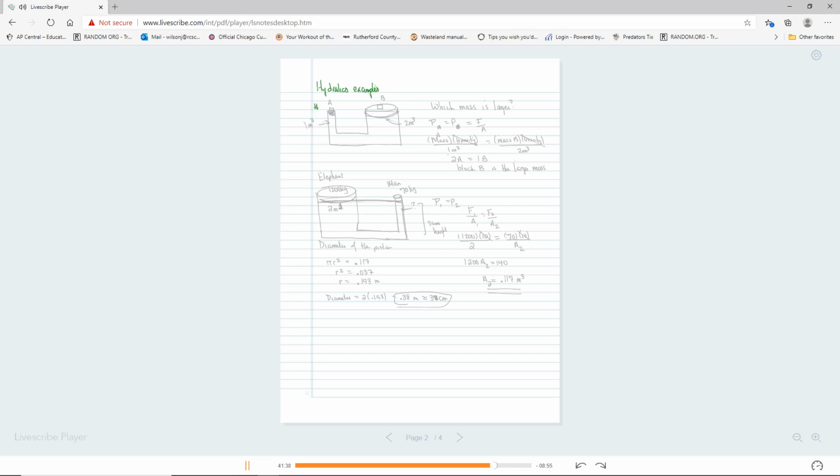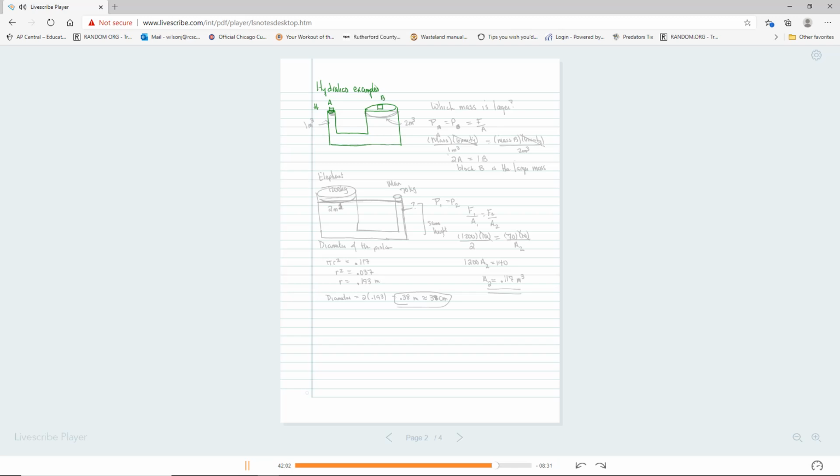Number 34: Masses A and B rest on very light pistons that enclose a fluid. There's no friction. Which of the following is true? Okay, so this is a short answer question, like you might see on multiple choice. So let's draw it and talk about it.